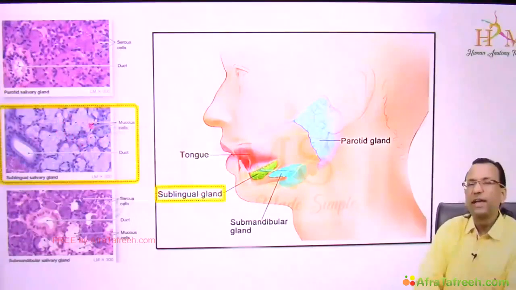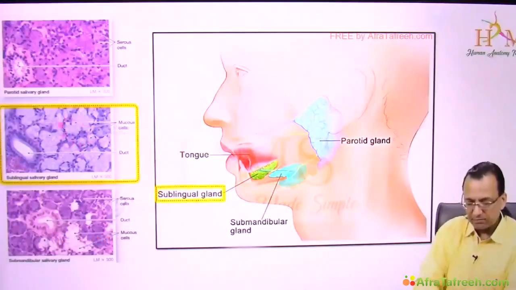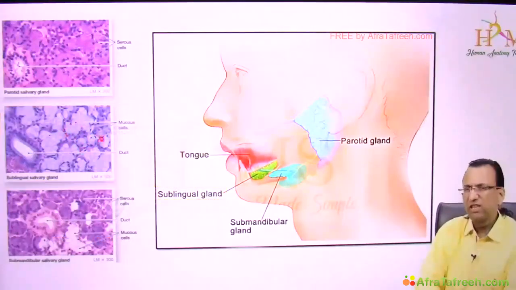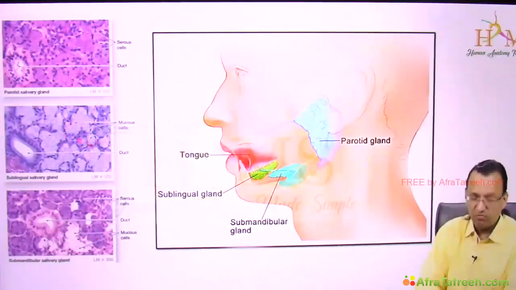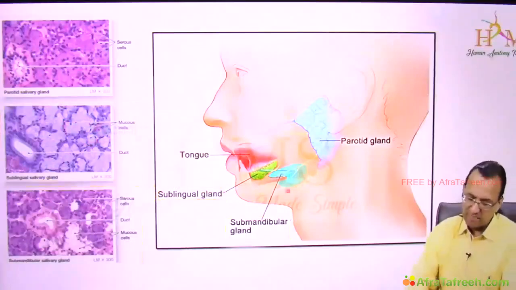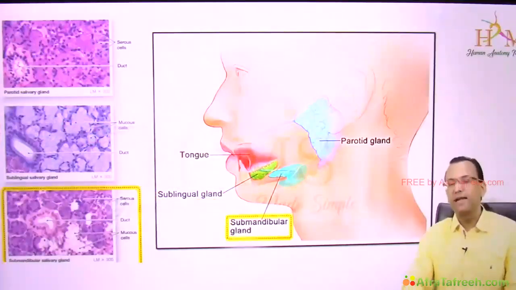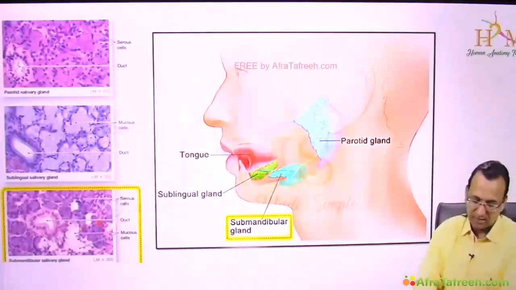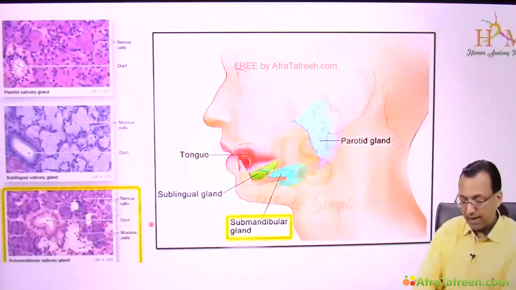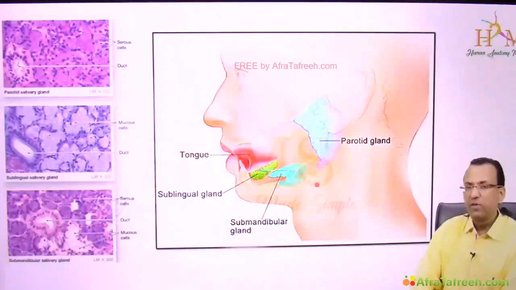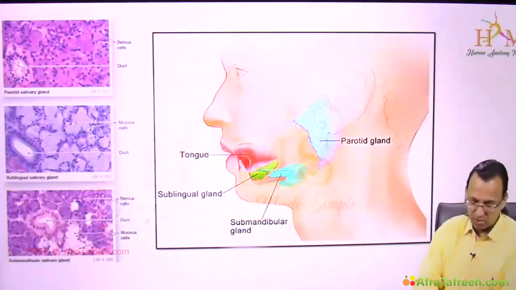They have light stain and some foamy appearance due to mucinous secretions. And what about the submandibular? Submandibular is under the mandible and it is seromucinous. Some serous gland, some mucinous gland, and that is where you can have a serous demilune also. So let us talk about that as well.